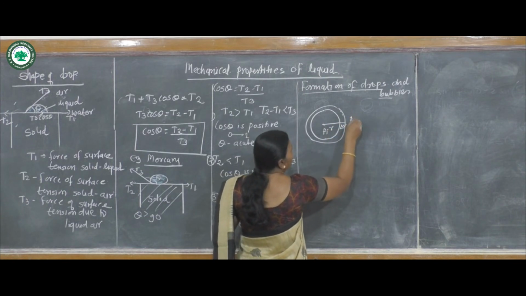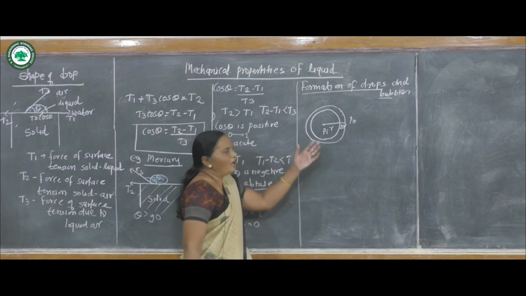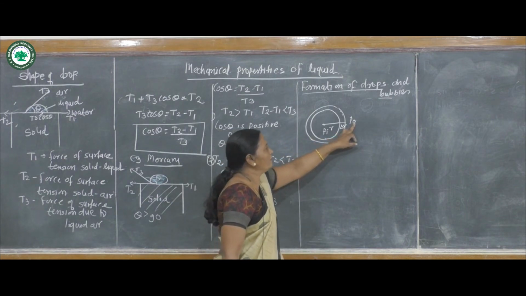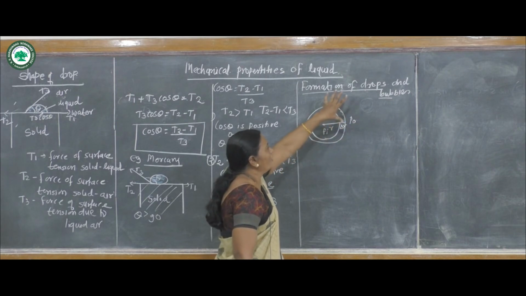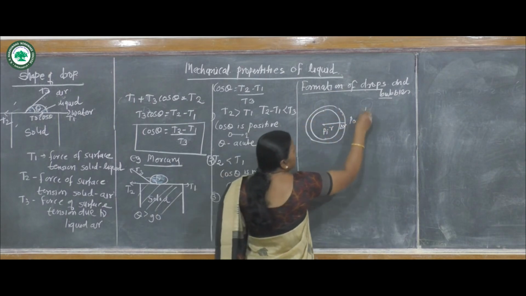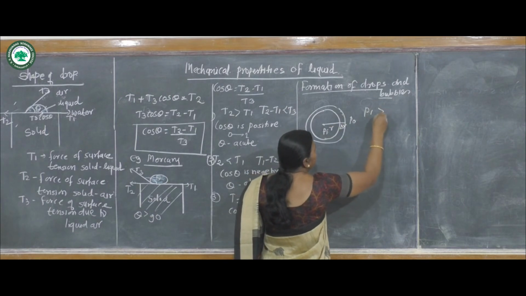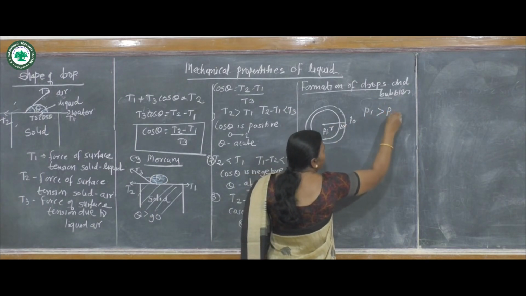Now this is P0. P0 is the outside pressure. It is also called atmospheric pressure. In case of drops, the pressure inside the drop is greater than the pressure outside.